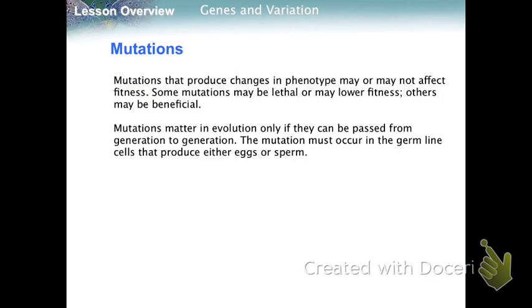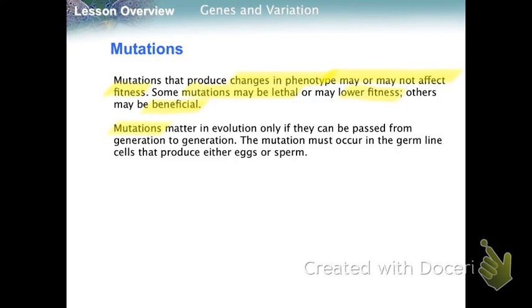Here's the M word again, mutations. Mutations are changes in the DNA. They may or may not affect fitness. Remember, fitness is the suitability of an individual to its environment. We talked about before in first semester about mutations that are detrimental, that cause a negative effect on an individual. They can lower fitness. And now we're starting to talk about mutations that can be beneficial.